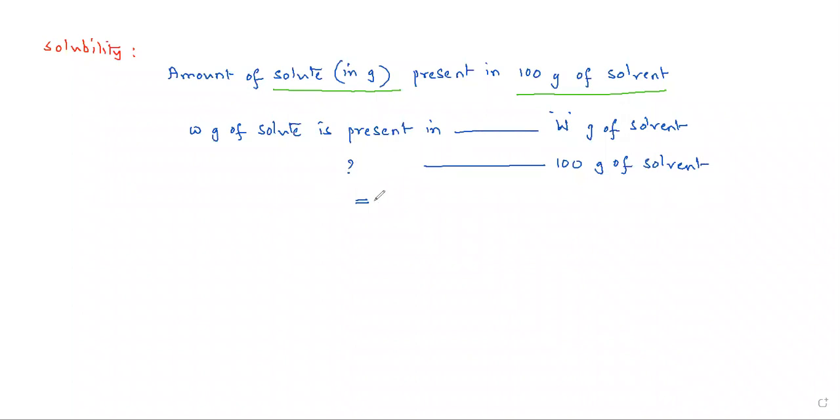This is what is solubility, right? Therefore, solubility can be given as small w by capital W into 100. Weight of the solute by weight of the solvent into 100. Now, because it is a ratio, it has no units.